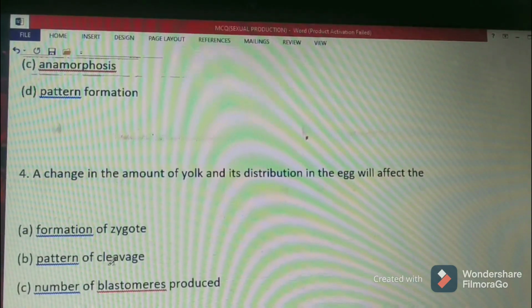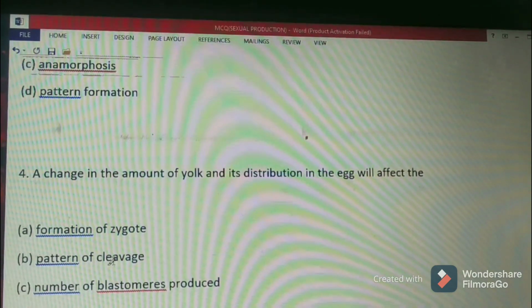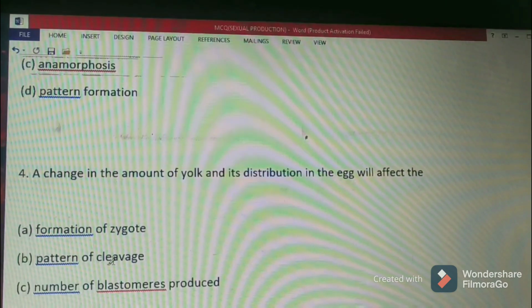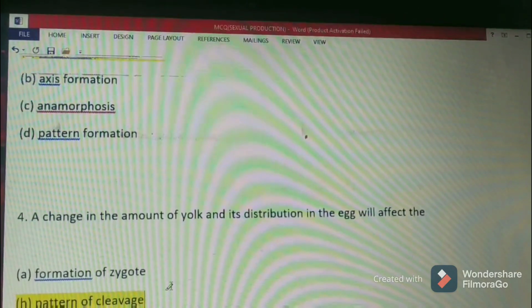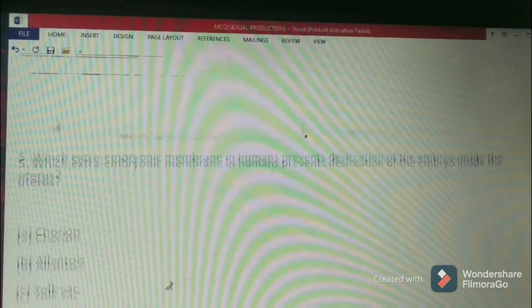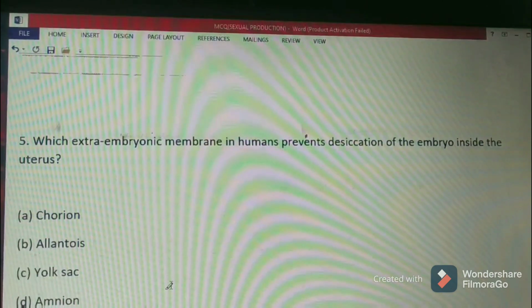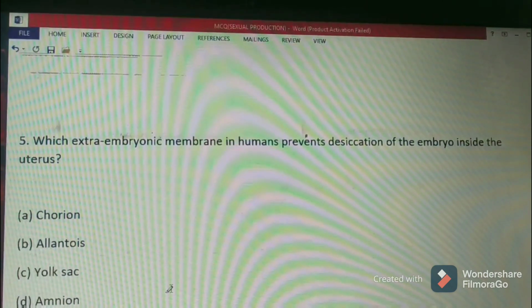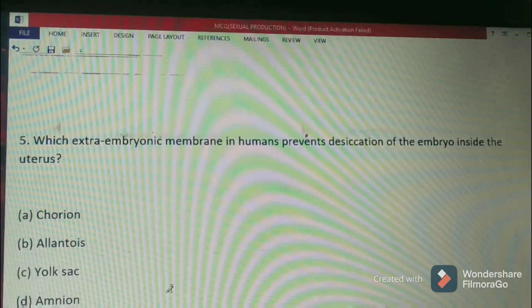A change in the amount of yolk and its distribution in the egg will affect the pattern of cleavage. Which extraembryonic membrane in human prevents dissociation of the embryo inside the uterus?